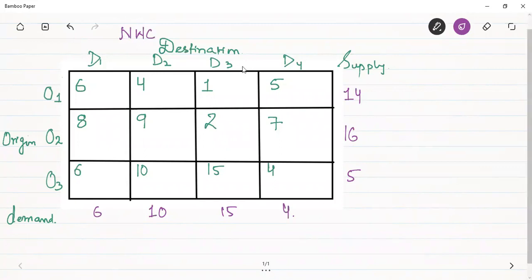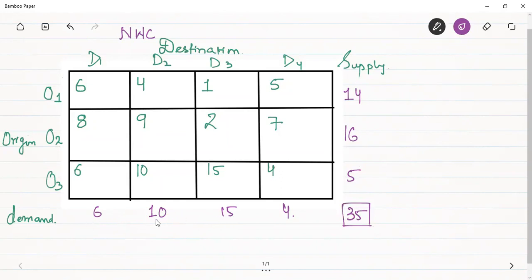Again you can see that there are three origins this time and four destinations. The supply and demand of each are given. If I make the summation of all these three, this will be equal to 35, and the same will be the summation of the demands.